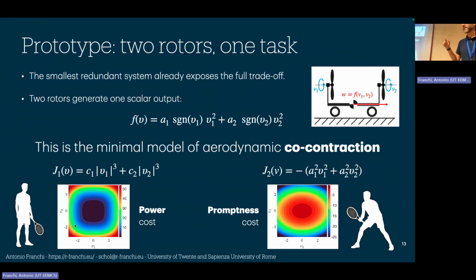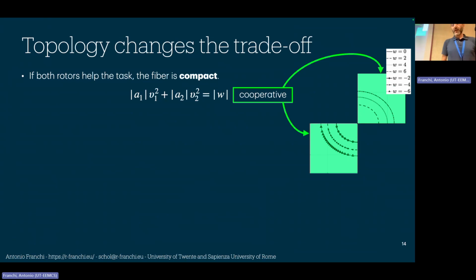Now there is another important role, which is which type of speed you select, depending on how you orient the propellers, or whether the propellers are monodirectional or bidirectional. So, for example, if the propellers are both pointing in the same direction, so they produce a thrust pointing in the same direction, so they can only generate positive thrust, they cannot reverse. When you put the sign in the previous formula, you get this formula.